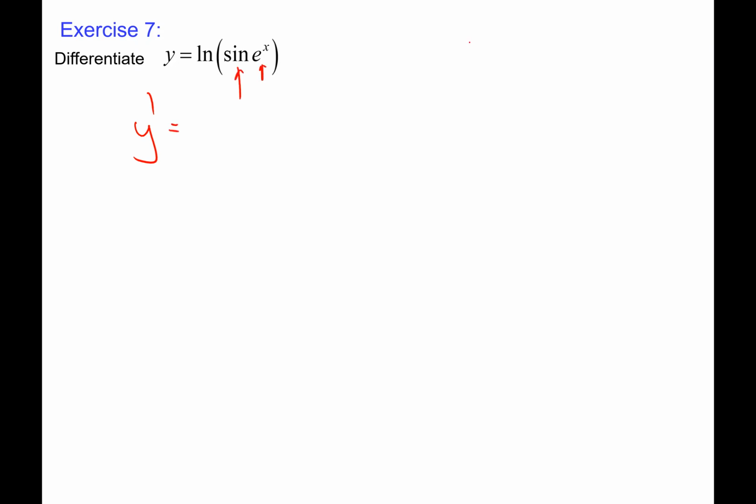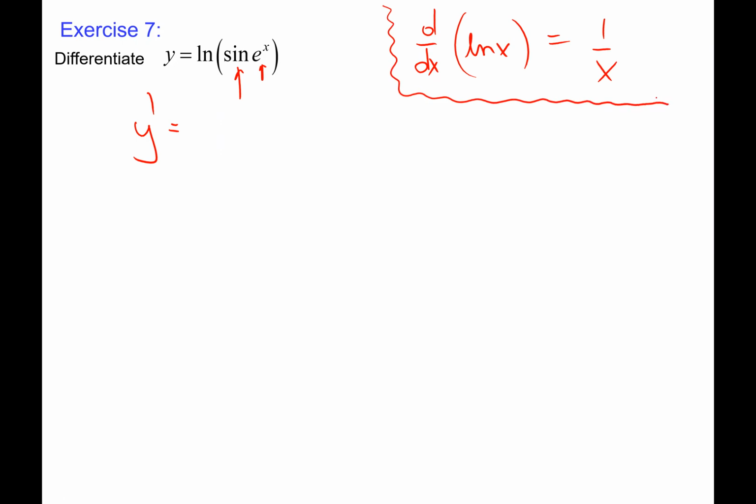Okay, let's recall, derivative of natural log of x is just 1 over x. This is one of the formulas that we have to know. That means derivative of natural log of that item will be 1 over that item, sine of e to the x, times derivative of that item.